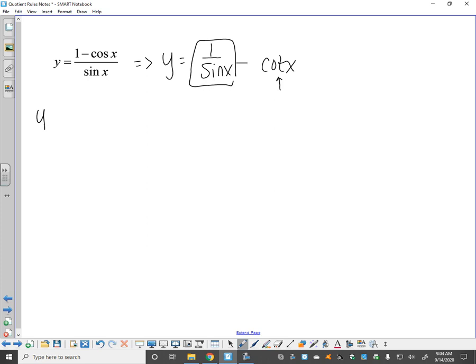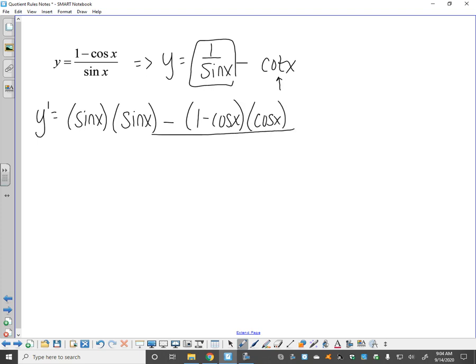So y prime, low, d high. Okay, d of the 1 is 0. Derivative of cosine is a negative sine, but it's already negative, so positive sine, minus high, d low, over low low.